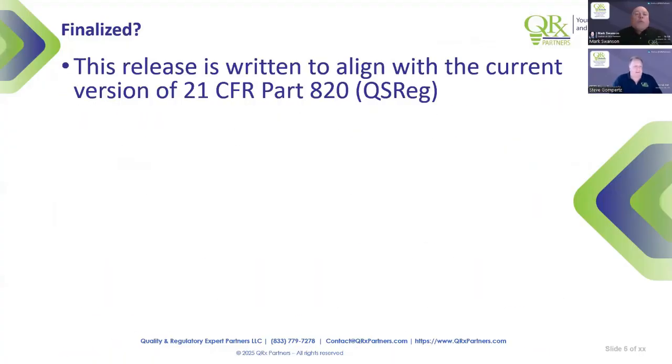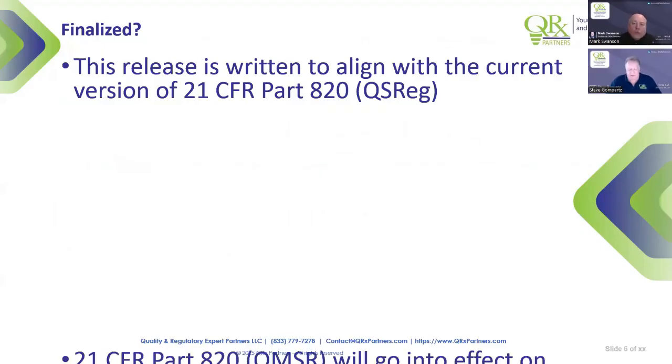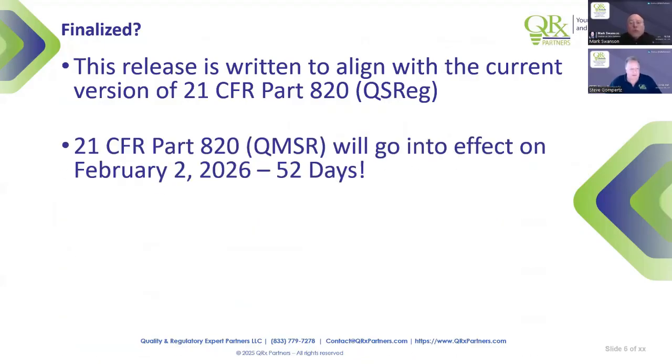Because of the timing, it came out now, which means it is written relative to the current version of 820, the QS reg. Okay, we all know that, right, a new version of 820, the QMSR, goes into effect in just 52 days. Okay.